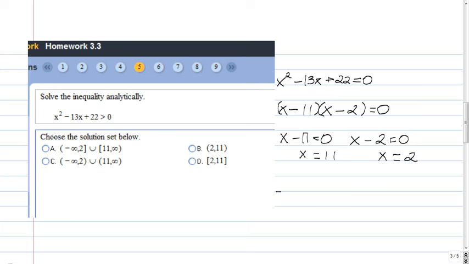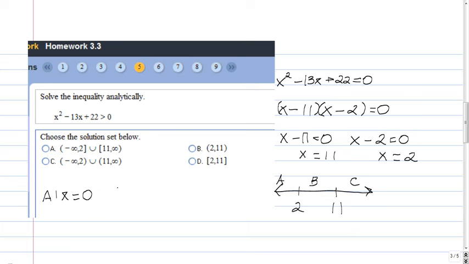To find the solutions to the inequality, we have to place those numbers on a number line in sequential order, and then we have to test a region out of A, B, and C in the original problem. So out of region A we can test what value? My favorite number, which is 0.